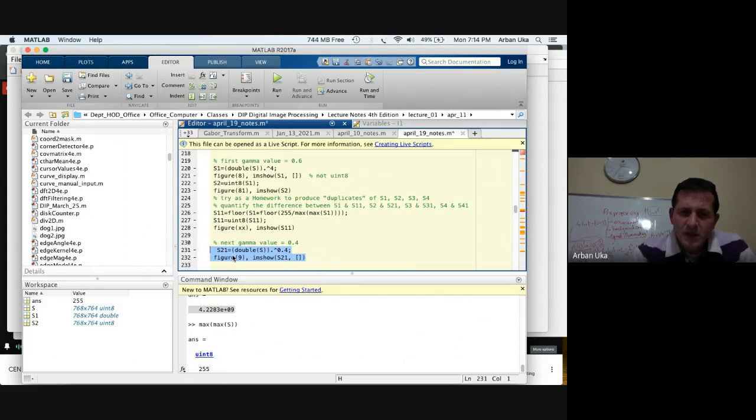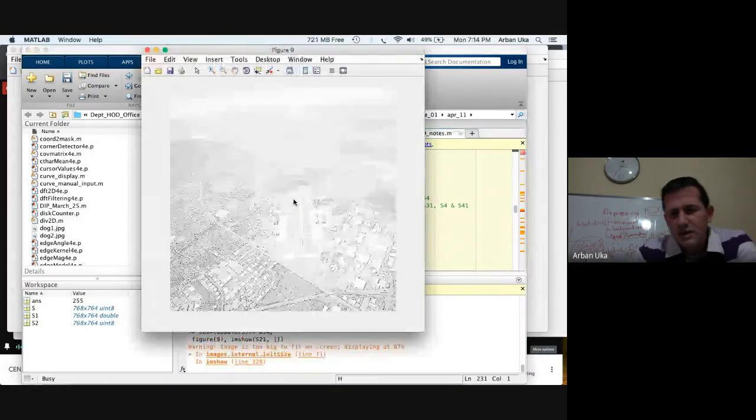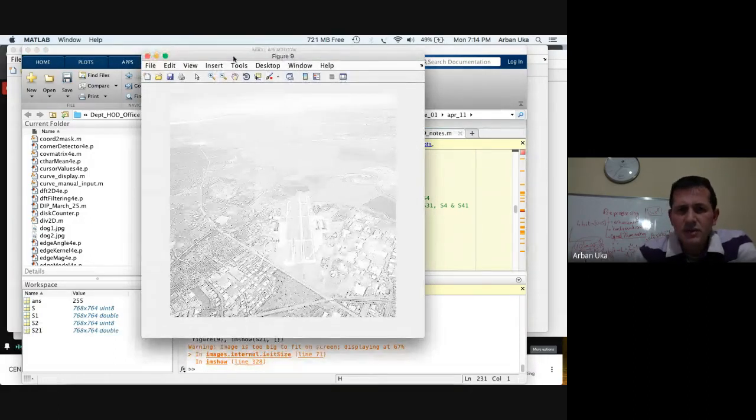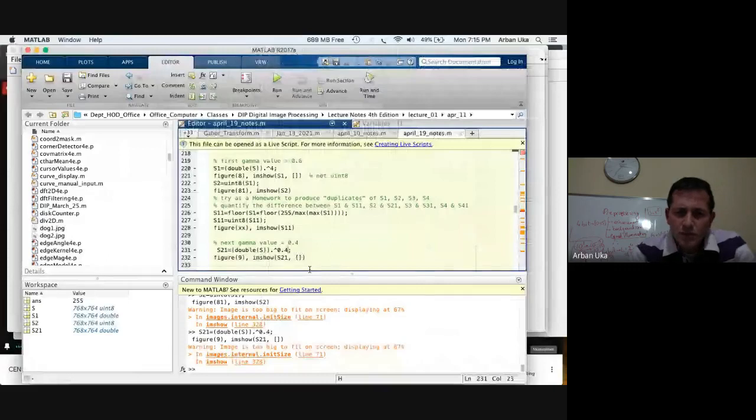S is the same original image. Let's evaluate the selection. Okay, it looks like figure 9. It's not good. It's bad. But for a moment, let's make this one 1.7, and call this one figure 9.1.